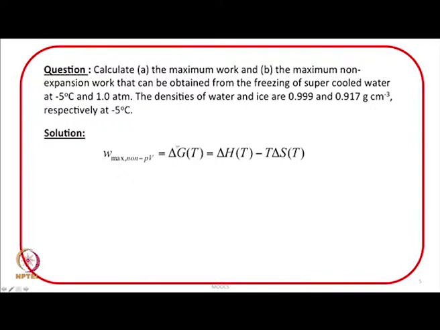And to calculate delta G, we need information on delta H and we need information on delta S at minus 5 degrees centigrade. The question is now, how do we get the information at minus 5 degrees centigrade? Let us see.